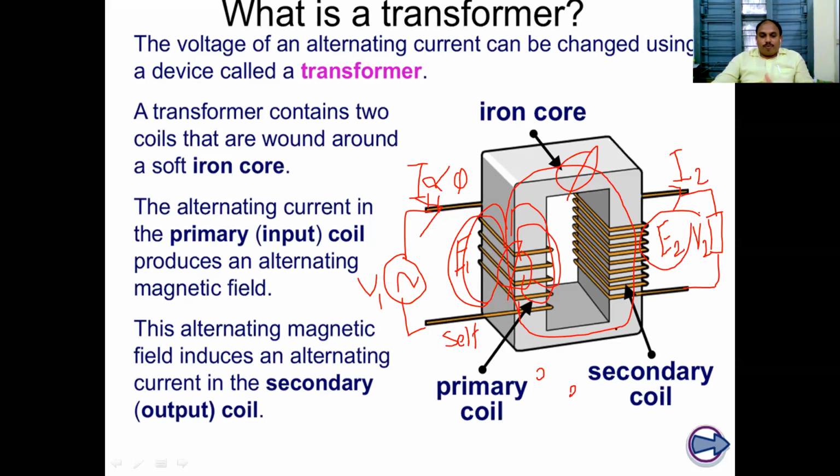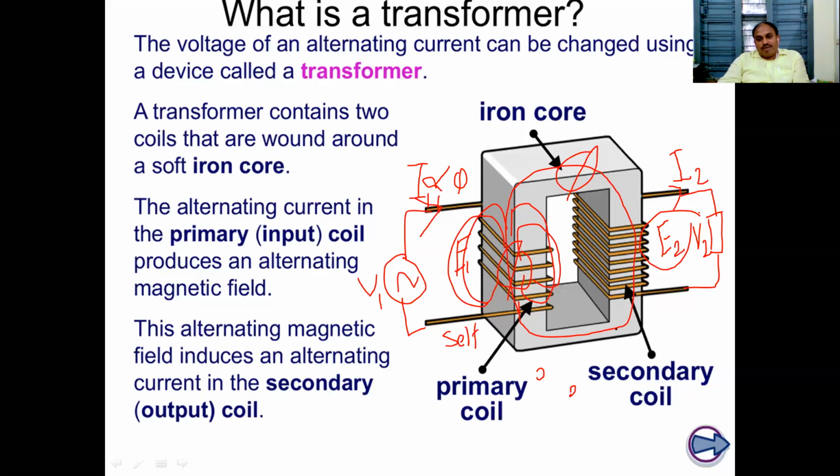Finally, electrical input, electrical output, and the only medium is magnetic flux. So the only energy transformation in a transformer is electrical to electrical.